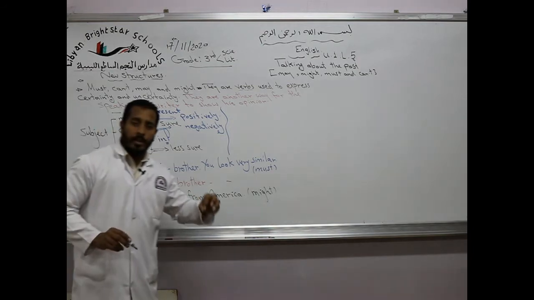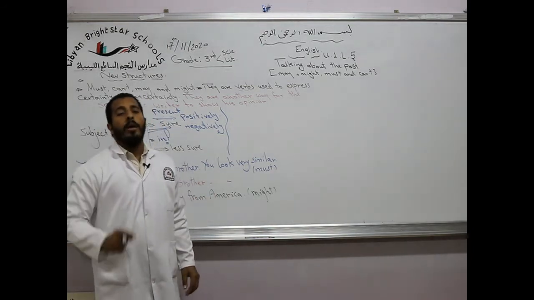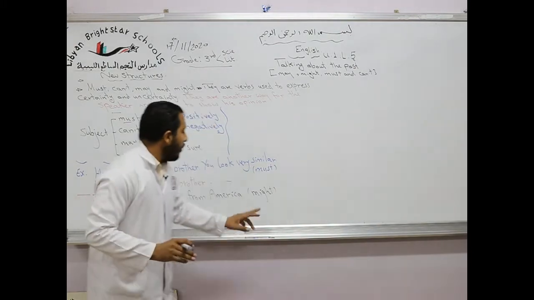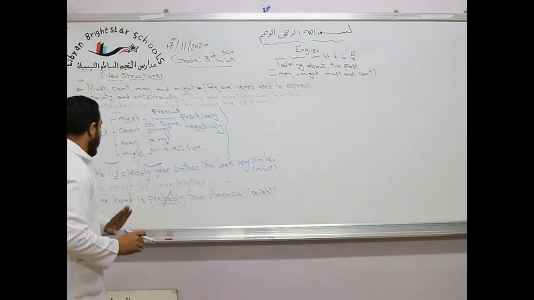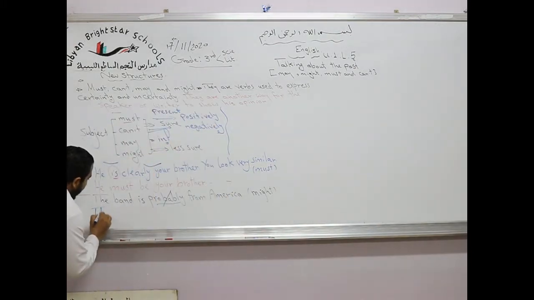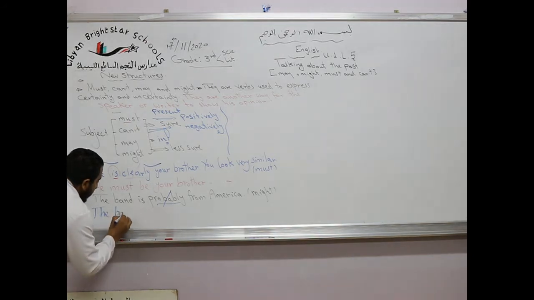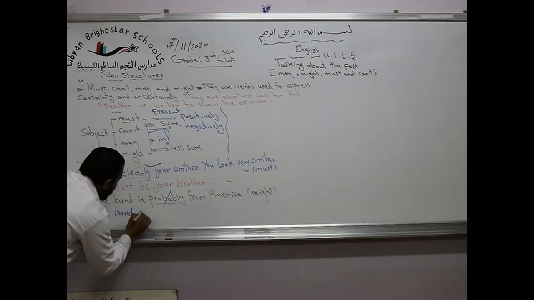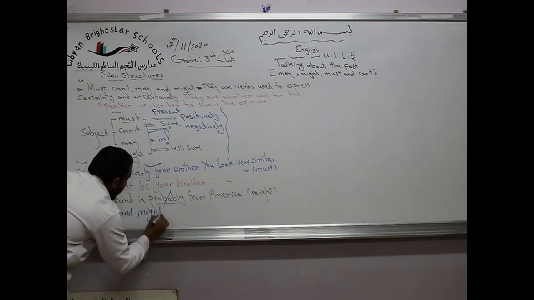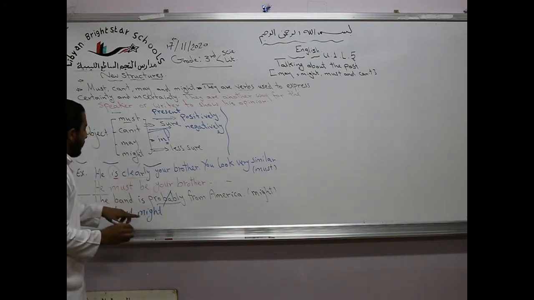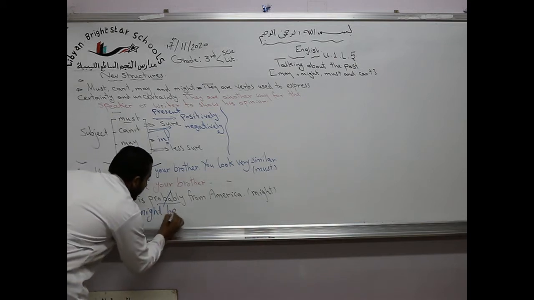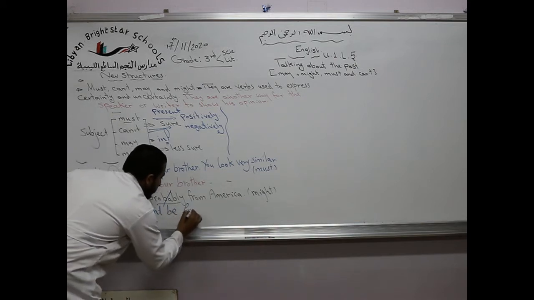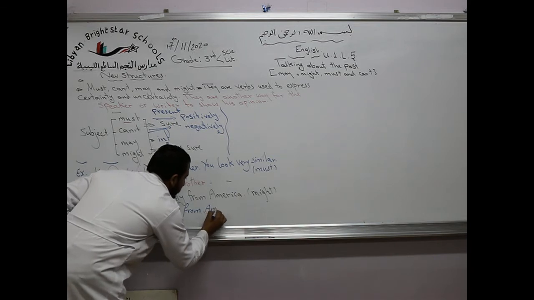When we have two words with the same meaning, when we use one, we must drop the other. So we must drop probably. We say the band, subject, might, followed by the verb in the infinitive form. The verb here is be: might be from America.